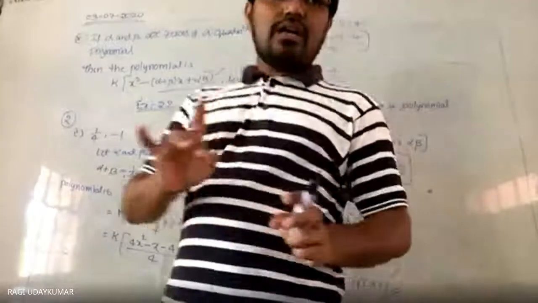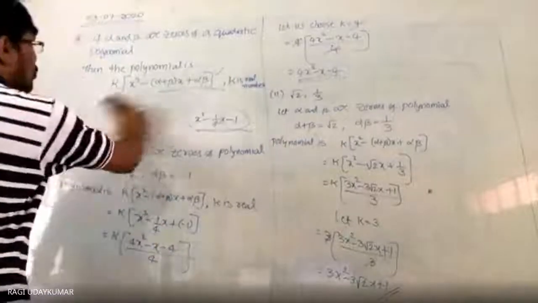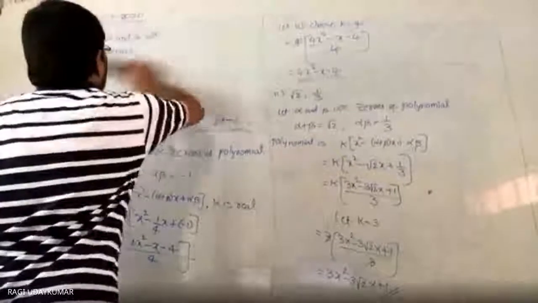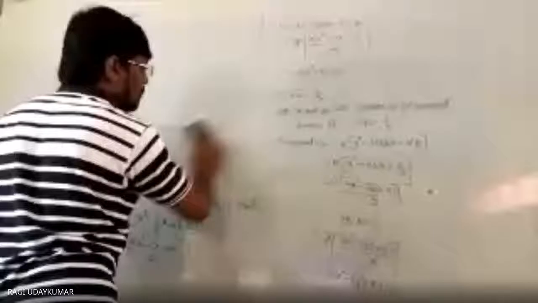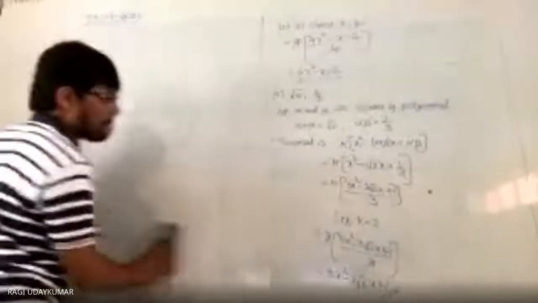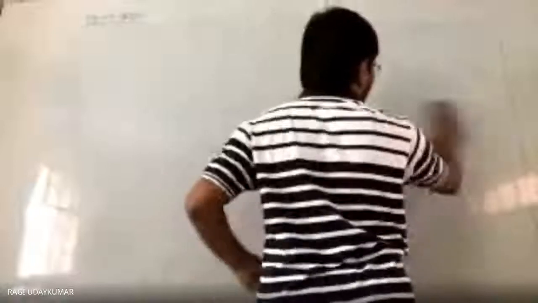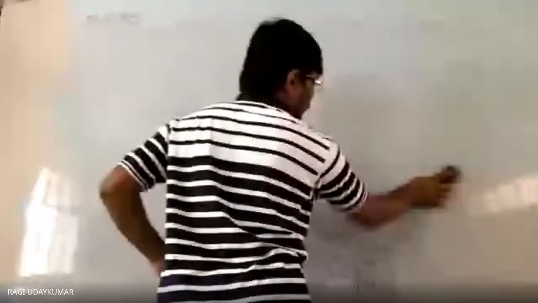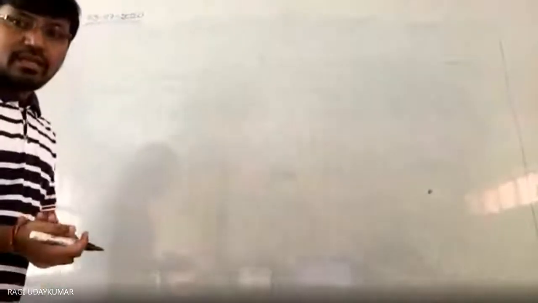Okay, so now let us go for another problem here, the fifth problem. I think you can do this problem. In the previous examination I have seen that one question.